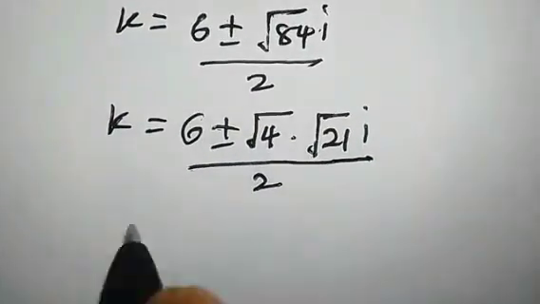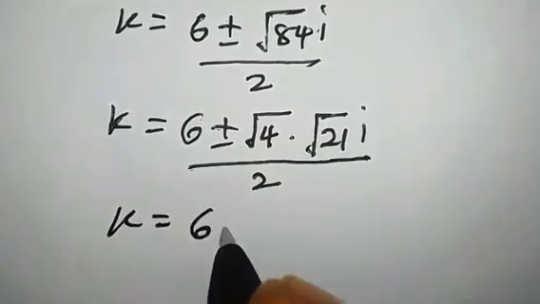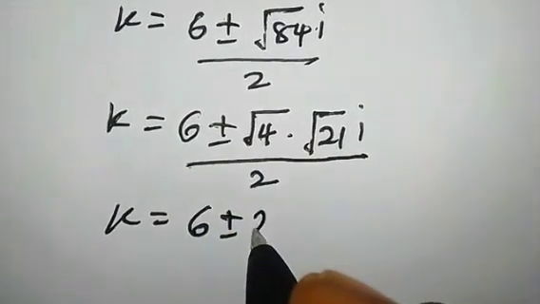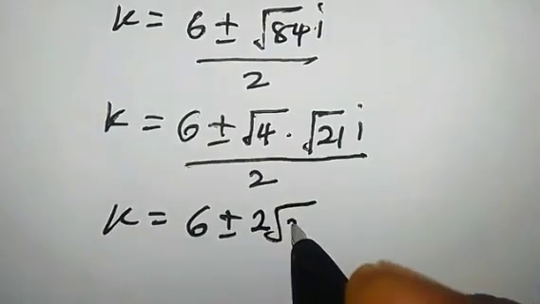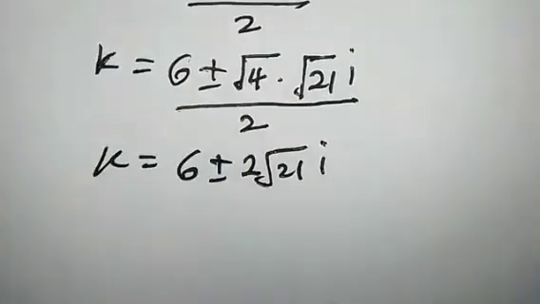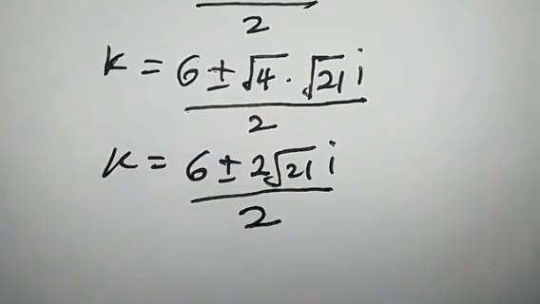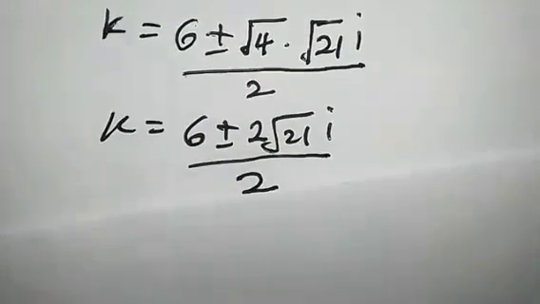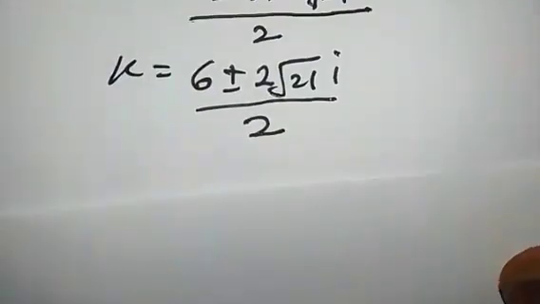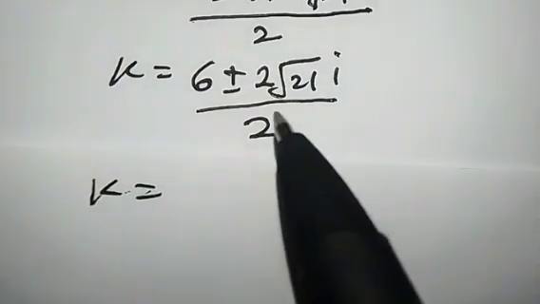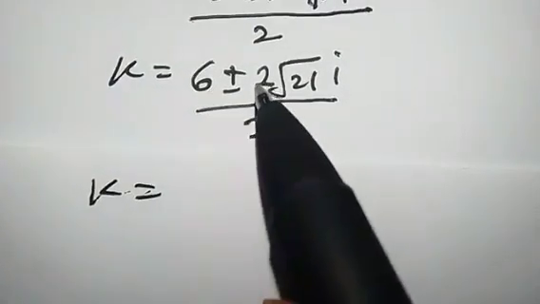Very good. So k equals 6 plus or minus. What is the square root of 4? That is simply 2 times the square root of 21i, divided by 2. So let's continue. You will notice that we can factor out 2 from this numerator.